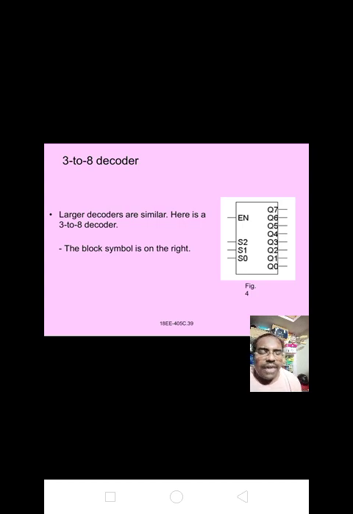Outputs are 8, Q0 to Q7. In the middle of the diagram we write 3 into 8 decoder. Enable, S2, S1, S0. Next, Q7, Q6, Q5, Q4, Q3, Q2, Q1, Q0. It is the logic block diagram of the 3 to 8 decoder.